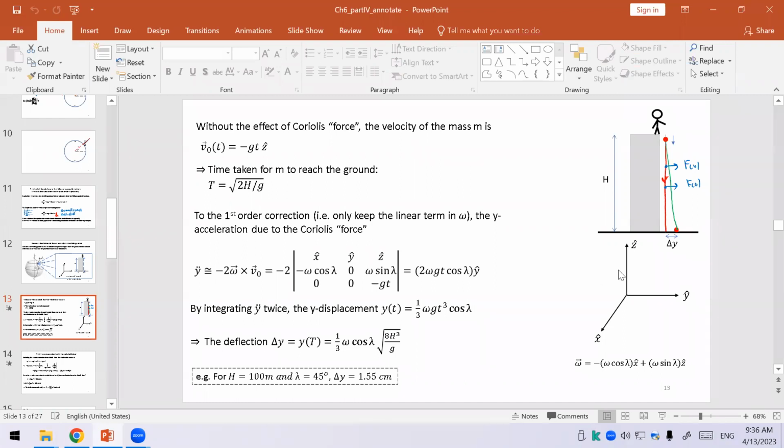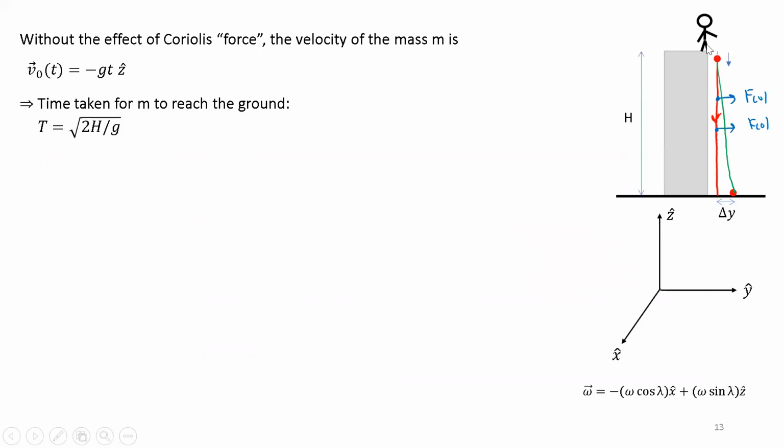You may still remember this example that we did last time: I have a person standing on the top of a building, and he or she drops a ball to the ground. You would think that it would just follow an exact straight line, this red line, and get to the ground like this.